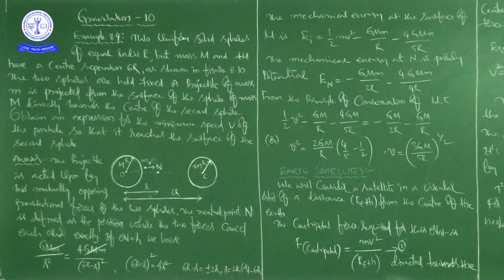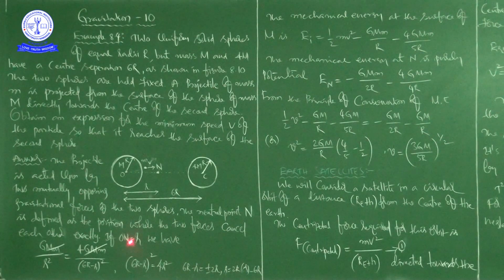The projectile thrown from here is going to experience the gravitational force by this mass and by this mass. When these forces are equal in magnitude and opposite in direction, you can expect a neutral point. That is what the neutral point N is defined as: the position where the two forces cancel each other exactly.